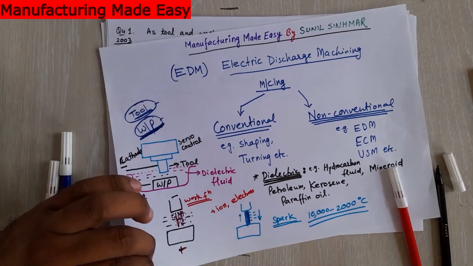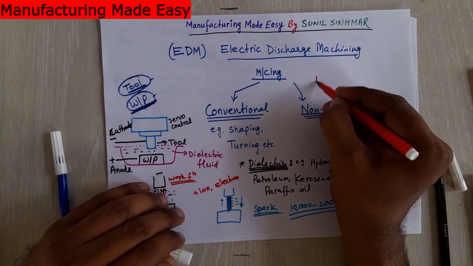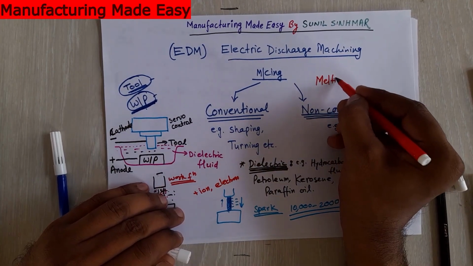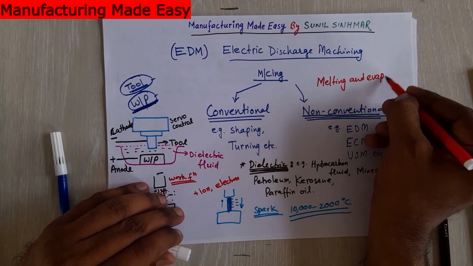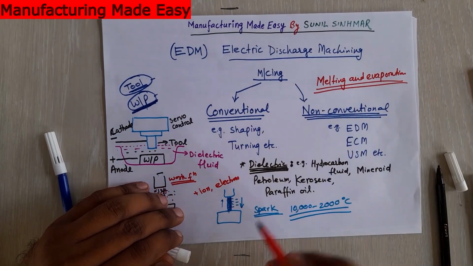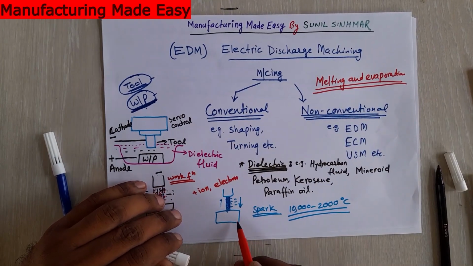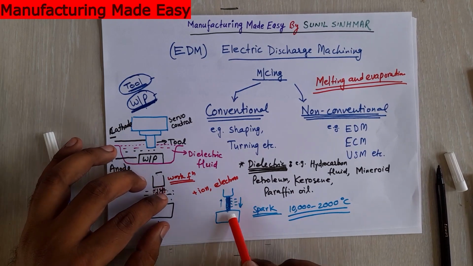This is a very important term: melting and evaporation of the workpiece, that will cause the machining of this workpiece. So hence in electric discharge machining, the machining takes place due to this electron strike.